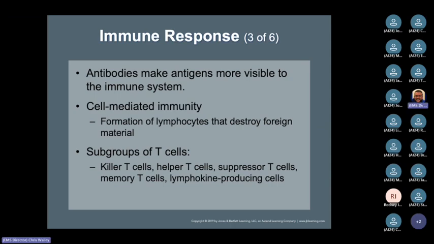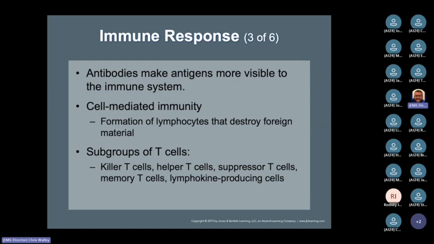Antibodies make antigens more visible to the immune system in three different ways. Some antibodies act as opsonins. In opsonization, an antibody coats an antigen to facilitate its recognition by immune cells. Some antibodies cause antigens to clump.